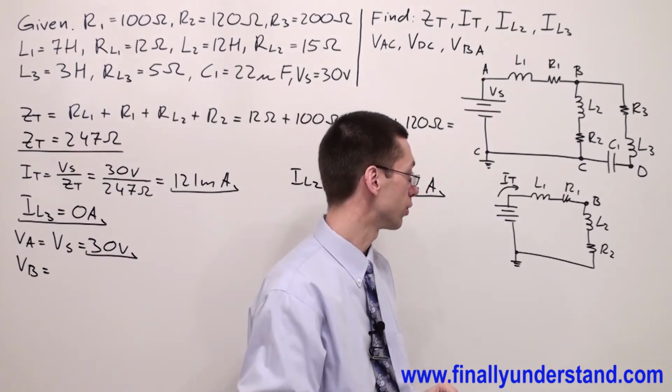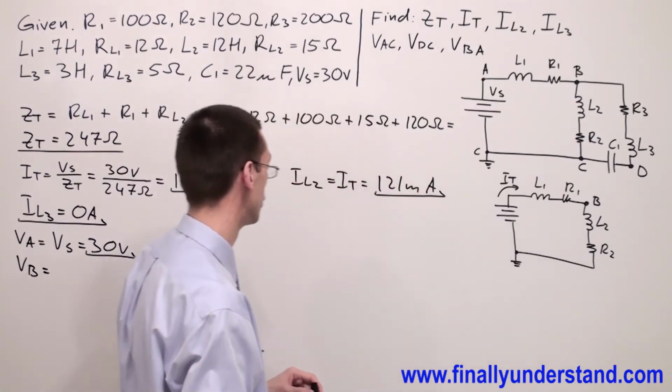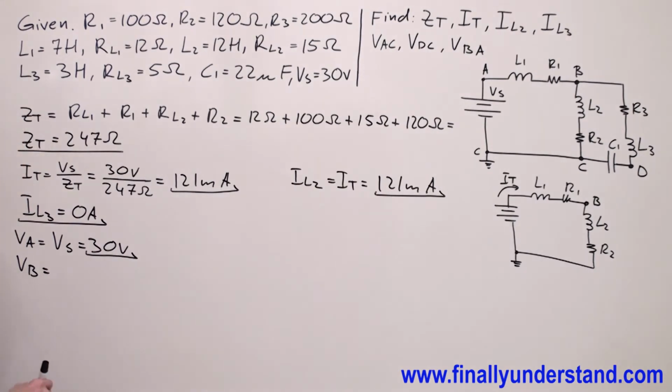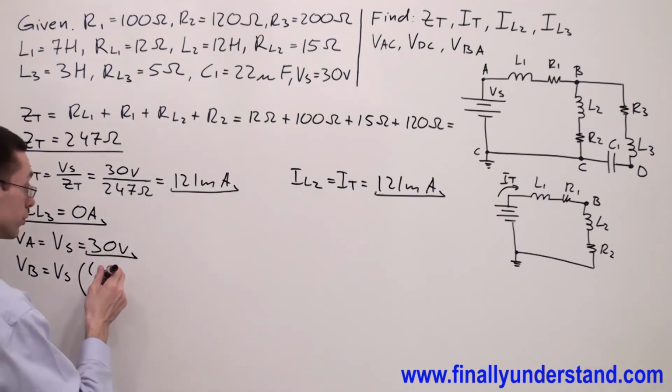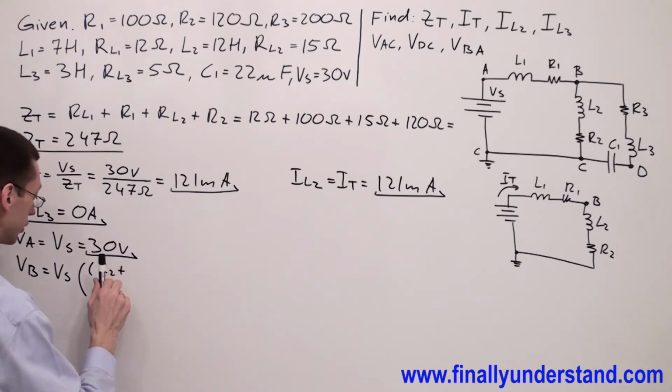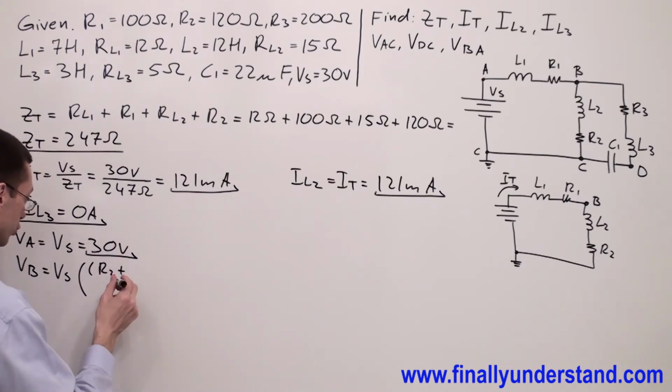In order to do so, I'm going to use the voltage division law. What I'm going to do is simply take the voltage source and multiply by the sum of components R2 and L2. So I have R2, but remember you cannot add impedance, you're supposed to add the resistance of the inductor.